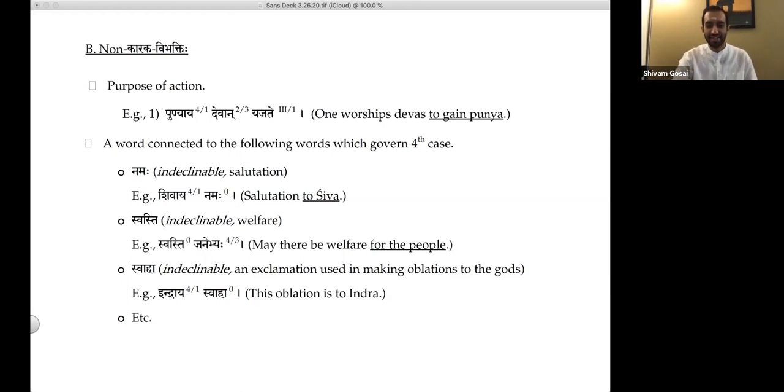Okay, Namaha, Swasti, Swaha. Those are some of the words that are connected there. You know the prayer, Swasti Prajabhyah Paripalayantam, right? Swasti Prajabhyah. That Prajabhyah is the fourth case there too.